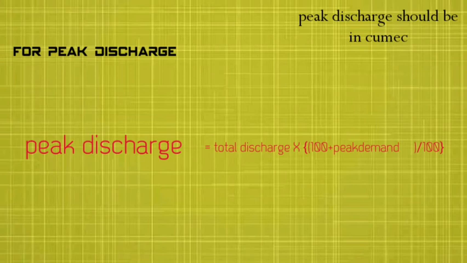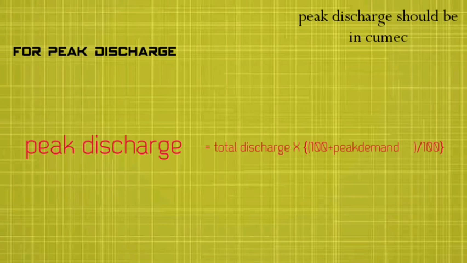Say it is the full amount, so 100%, plus the peak demand. Here the peak demand is 20%, divided by 100. So you will get 1.2. So you can multiply the total discharge by 1.2 and you will get the answer in cumecs.